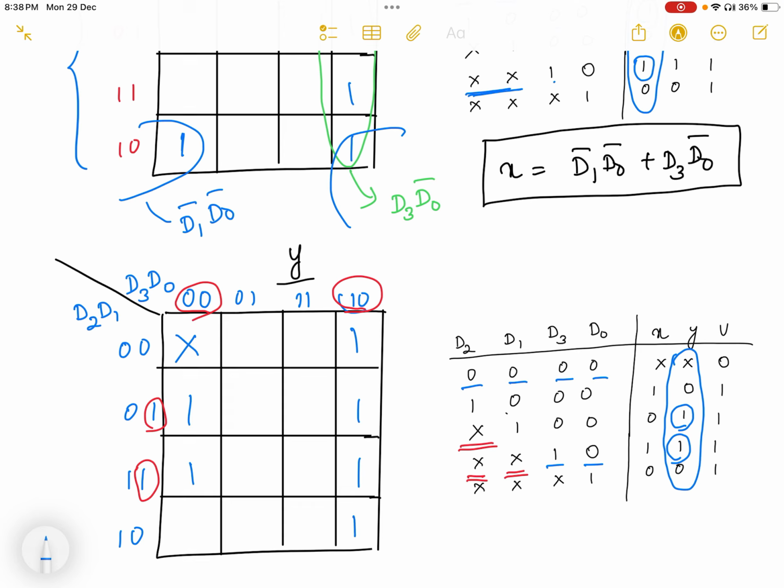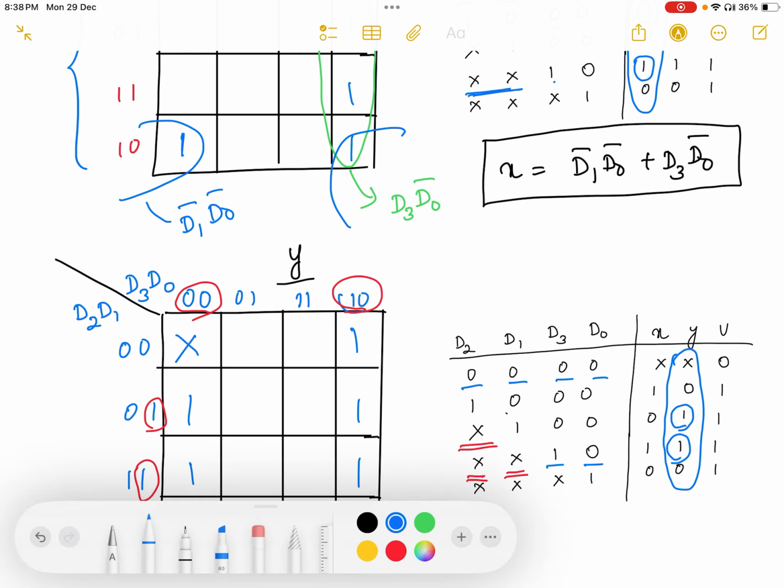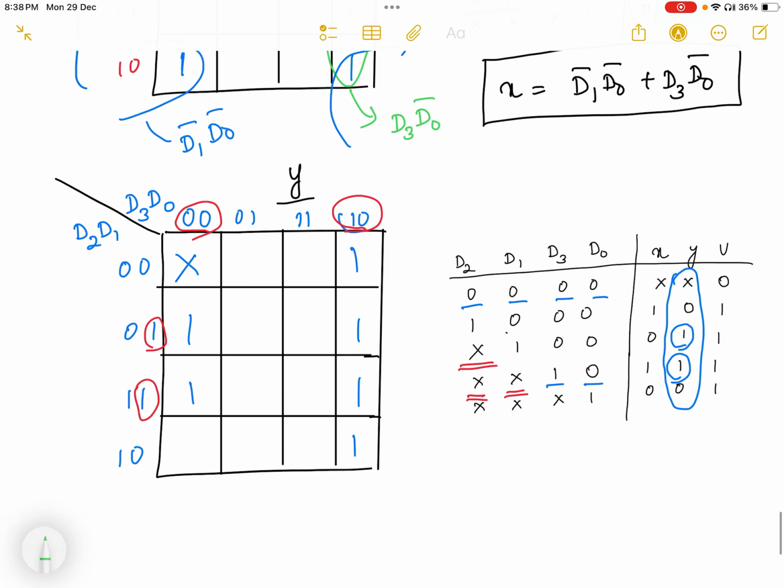So this is the K-map I got. If I go for pairing, I can pair like this and get D3 D0 bar.